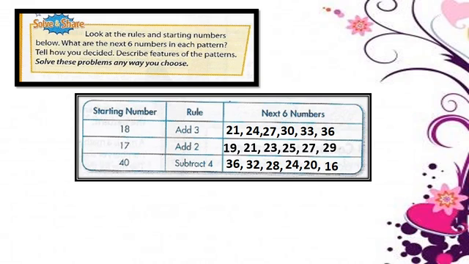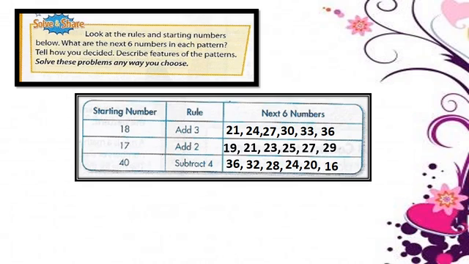For the first question, which has numbers 21, 24, 27, 30, 33, 36, what is the feature of the pattern not given in the rule that you can make out from these numbers?